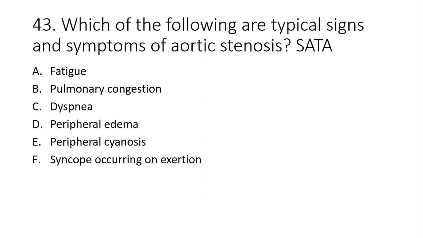So the classic signs and symptoms of aortic stenosis are the difficulty breathing, the syncope on exertion, and fatigue, though I believe it might be worded differently. If you think about the syncope on exertion, our cardiac output is fixed at the same volume all the time.